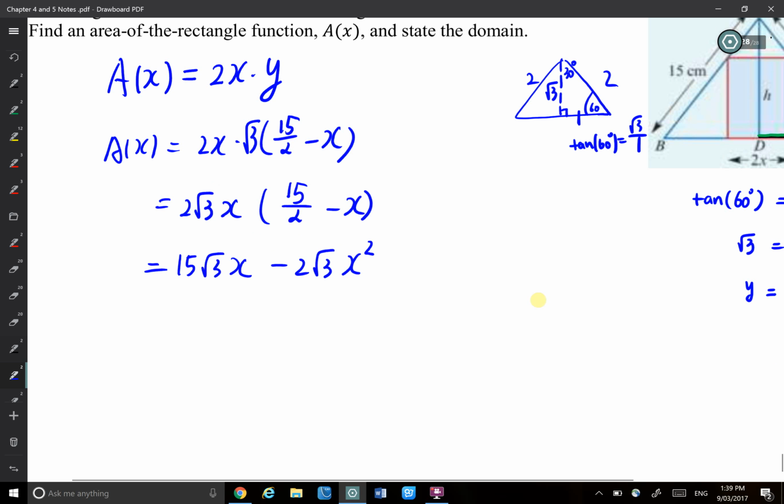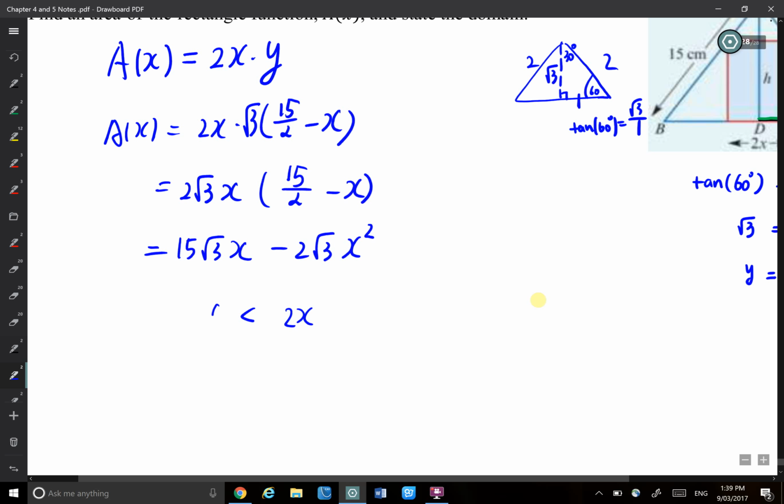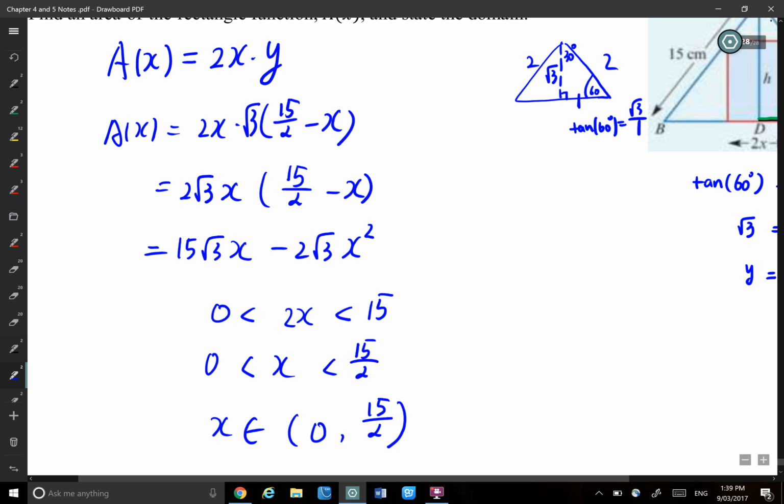So 2x cannot be smaller than 0 and also cannot be greater than 15. So 2x needs to be between 0 and 15, so x needs to be between 0 and 15 over 2. So the domain is x belongs to the interval from 0 to 15 over 2.